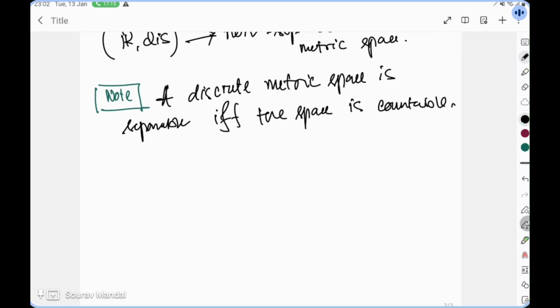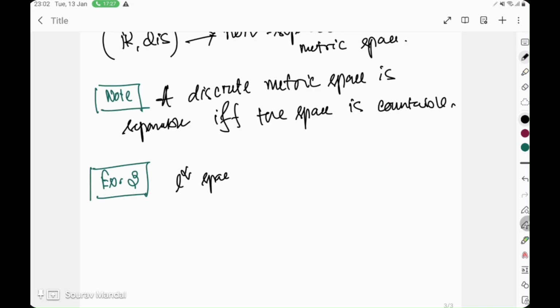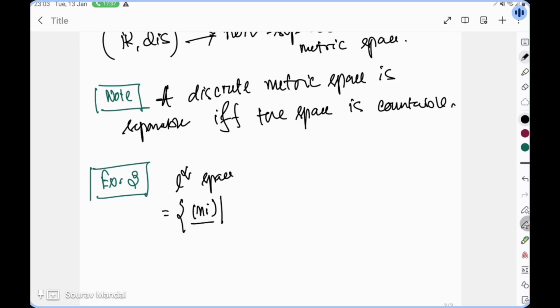Okay. Now remember, what is L infinity space? The set of all bounded sequences. That means the collection of all x equal to (xi) such that |xi| is less than or equal to some Cx, for some Cx greater than zero, and for this x I am considering this Cx.